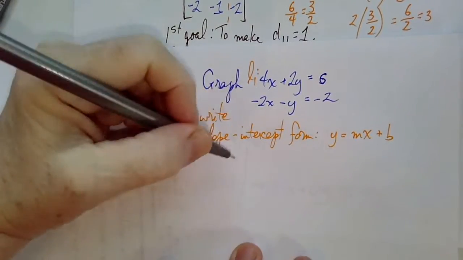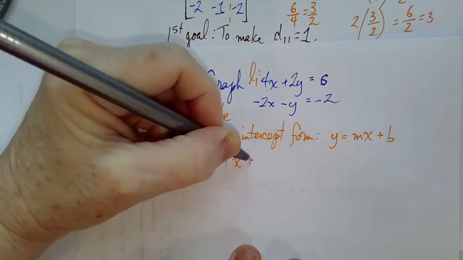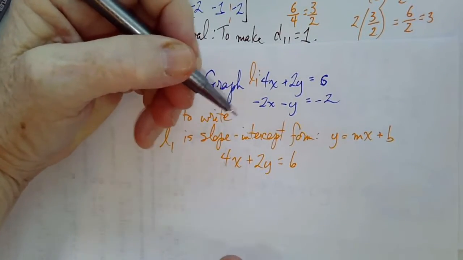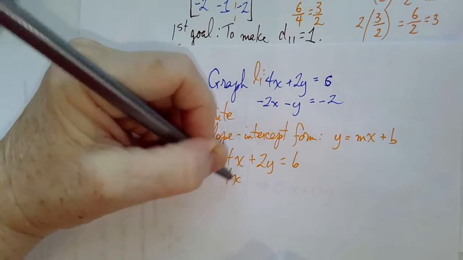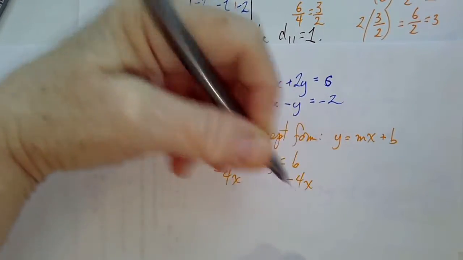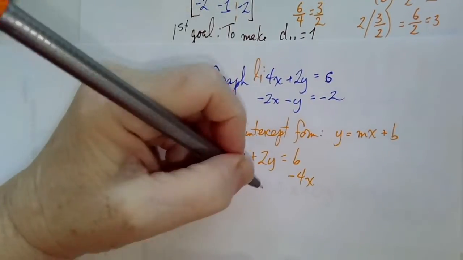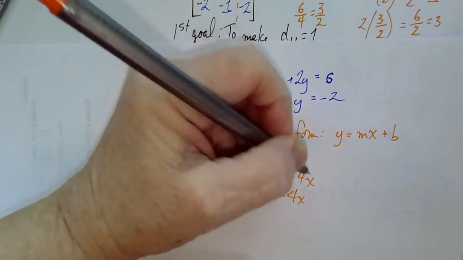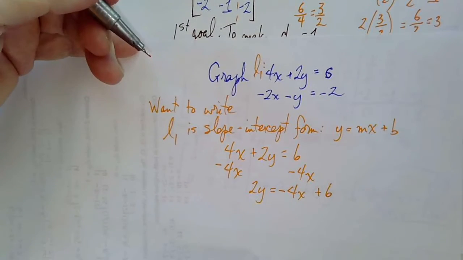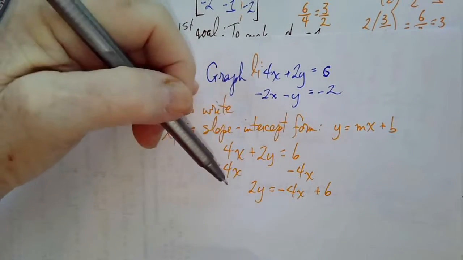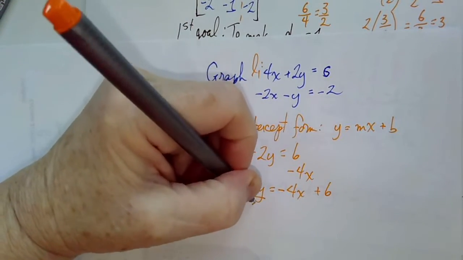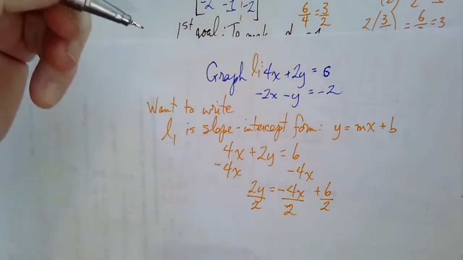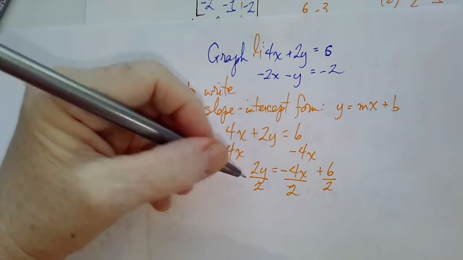So we currently have 4x plus 2y equals 6. We want y alone, so let's move the 4x to the right side of the equals by subtracting it from both sides. Now we have 2y equals negative 4x plus 6. We almost have the right form, but we need to divide by the coefficient of y, the number in front of y, because 2 divided by 2 is 1.